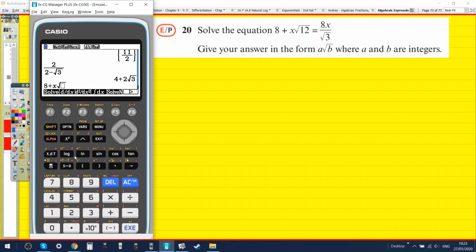Maybe change root 3 to 3 to the power of a half. What would you have to do? Change x root 12 to the power of something as well. Power of a half, I guess. Then what?